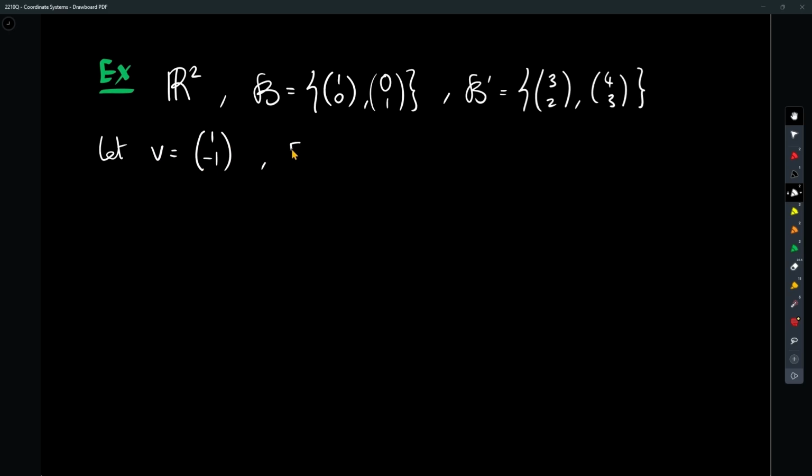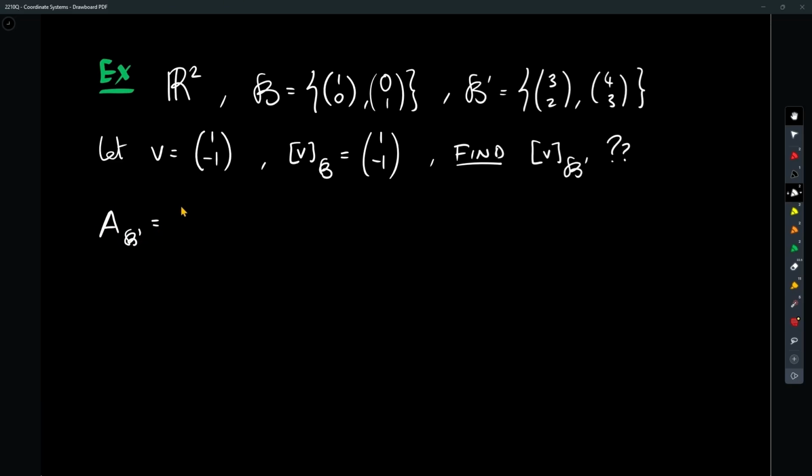Then the coordinates of v with respect to the canonical basis are precisely those, 1, minus 1, and I would like to find the coordinates of v with respect to the new basis. Okay, so I write my matrix with respect to the new basis. It has columns that are the vectors of that basis. Now I want to find the inverse matrix. So what is the inverse matrix?